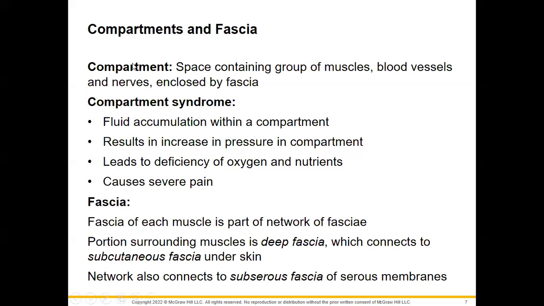Compartment syndrome. If a person gets damage to one of these compartments, to one of the muscles in this group of muscles that are enclosed by fascia, remember that anytime a tissue gets damaged, the body responds by creating an inflammation process.